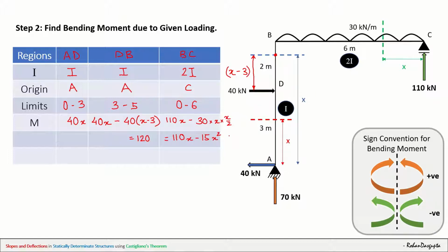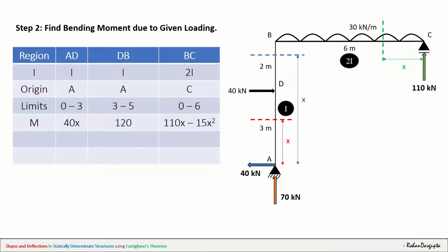So this is how you make the table, and I have just rubbed all those calculations and simplified this so that you can look at it properly. So this is how you find the bending moment due to the given loading in a frame, taking different regions and taking the sections.